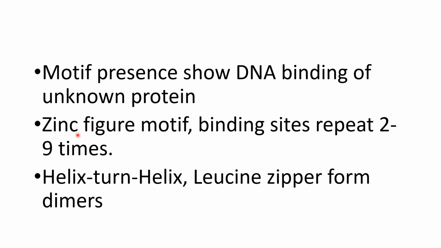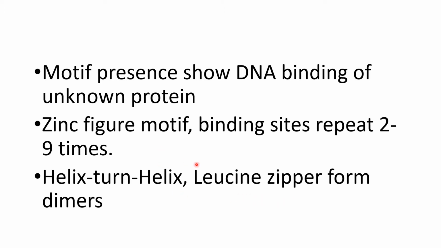Eukaryotes show the zinc finger as well as the leucine zipper DNA binding domains, while the helix turn helix domain is shown in prokaryotes. Prokaryotes show helix turn helix mostly, while the zinc finger and leucine zipper motifs are present in eukaryotes.